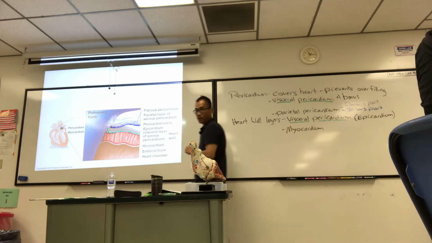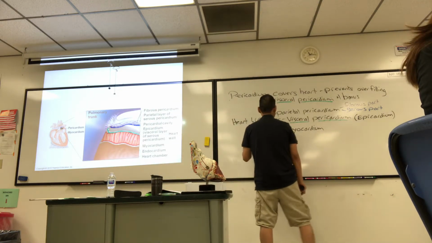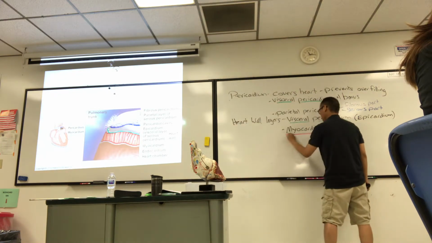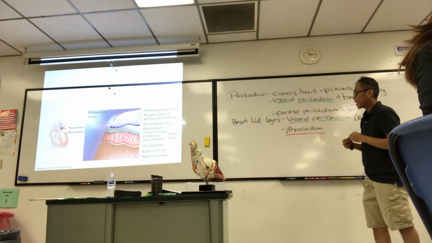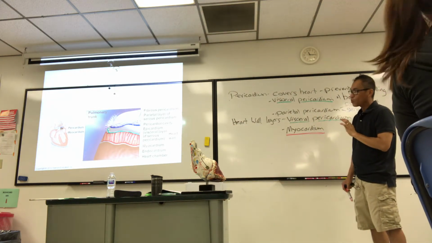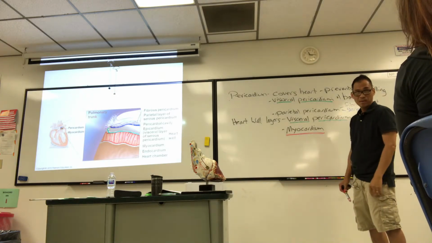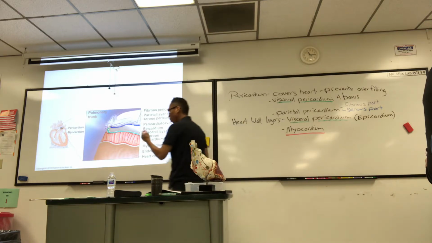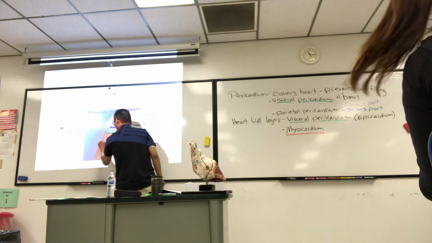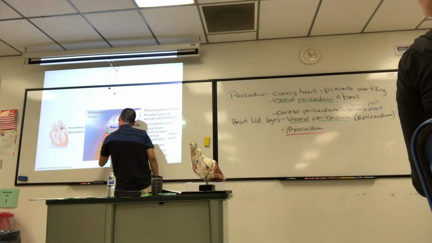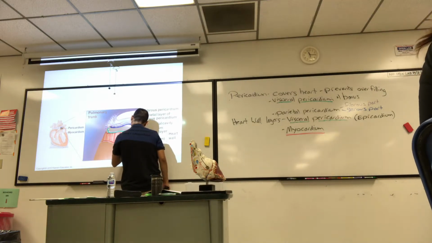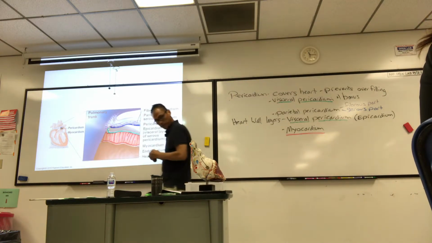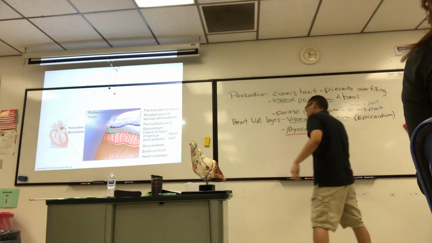So that's all myocardium. And then the inner membrane is the endocardium. It actually touches the blood. Color it orange here. This is endocardium. Orange, a little white, just about a dark orange.